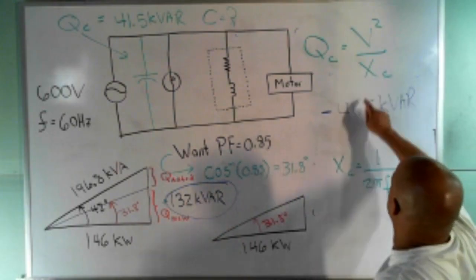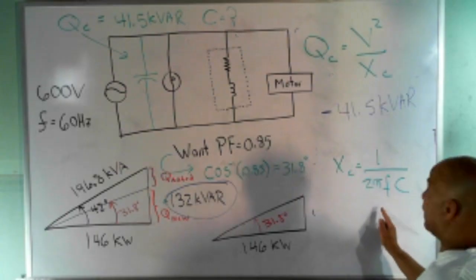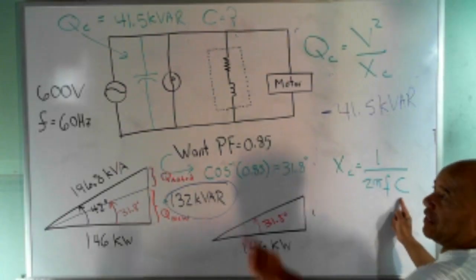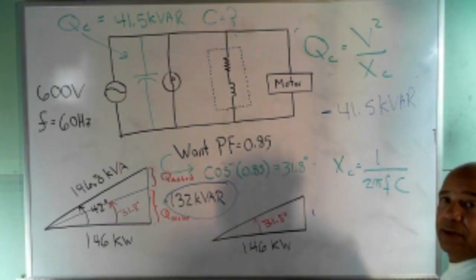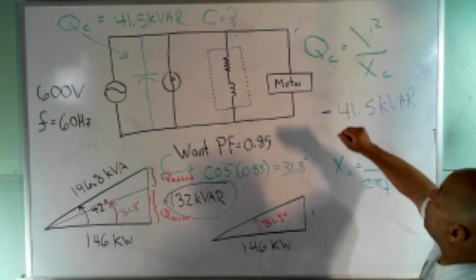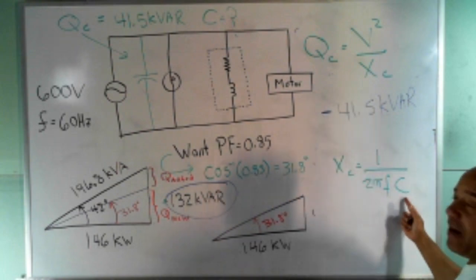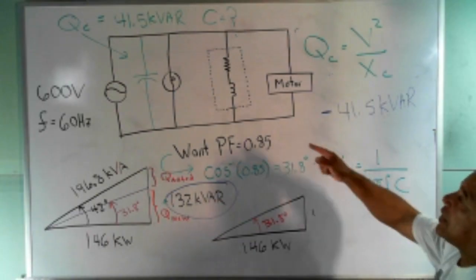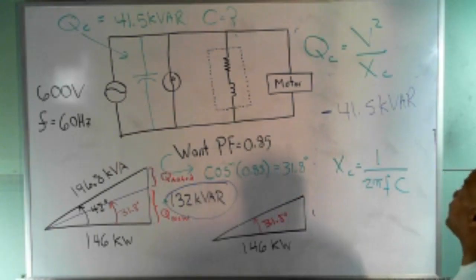The only two unknowns there would be the frequency and the capacitance, and they told me the frequency is 60. So the only unknown is C. By going from power to opposition, we can find the size capacitor I need to add in parallel with that circuit to bring the power factor up. So let's do it.